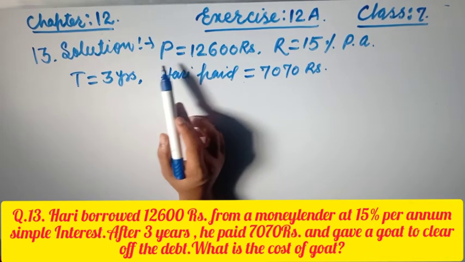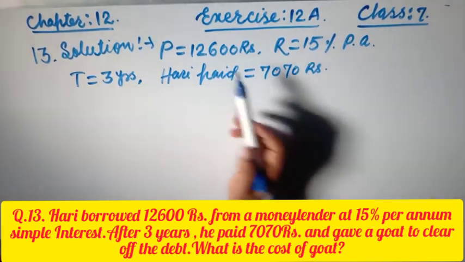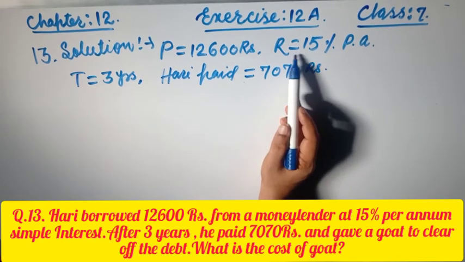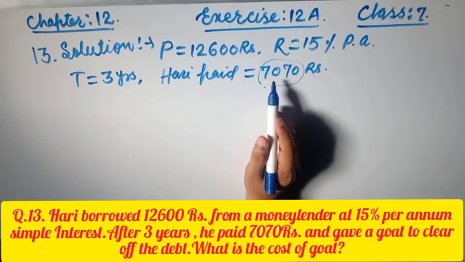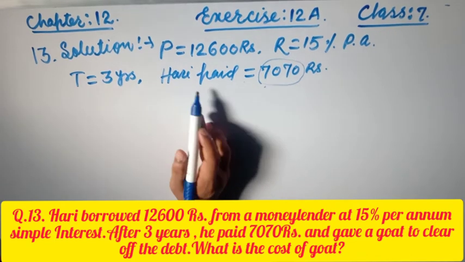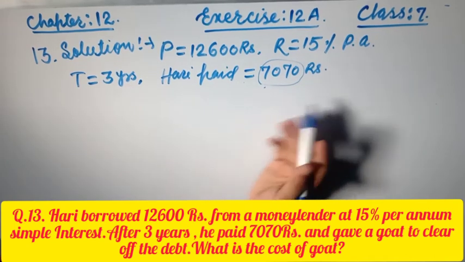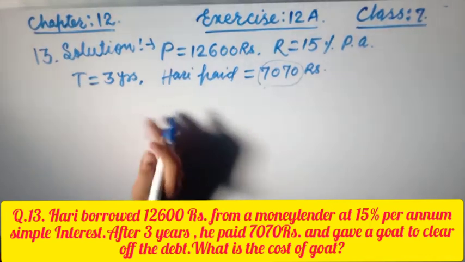Then Hari would have to return the same money plus interest, which is given rate 15% per annum. But this is very little money friends, because Hari was a very poor person. Okay, so this is why Hari gave his goat, in order to pay the money with initial as well as the interest.